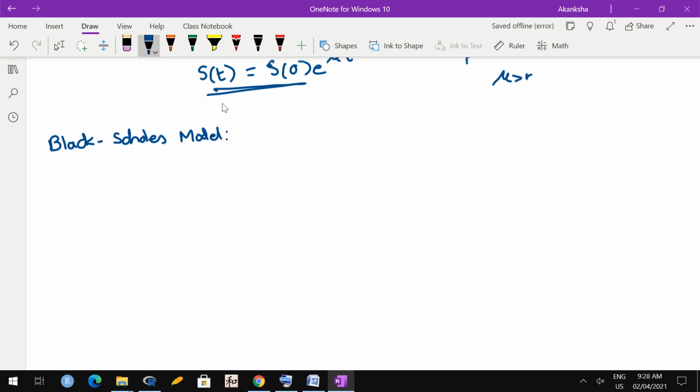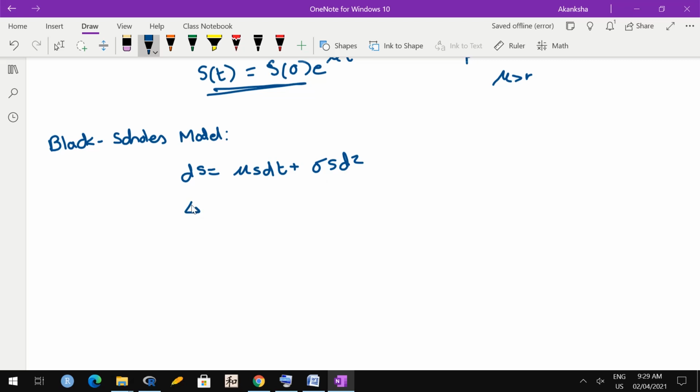It can't be driven only by a constant. So we'll add one more term for randomness. So dS equal to mu S dt comes from what we saw earlier, and for randomness we will have sigma S dz. Okay, so dz would bring in randomness, sigma is the volatility parameter.